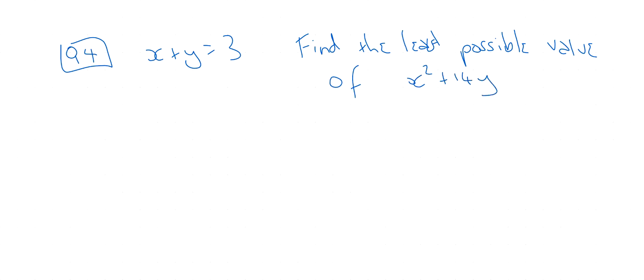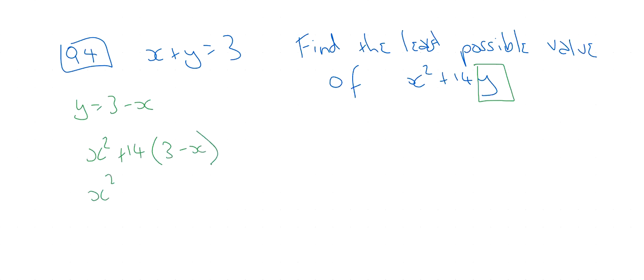Okay, now we are going to do basically the same thing we did before, rearrange this and do some substitution. So I'm going to say that y equals 3 minus x. And then instead of y, I'm going to use 3 minus x because we can't solve for two unknowns at once. So x squared plus 14y, which is 3 minus x. So x squared plus 42 minus 14x.